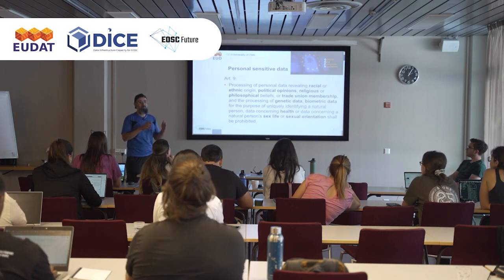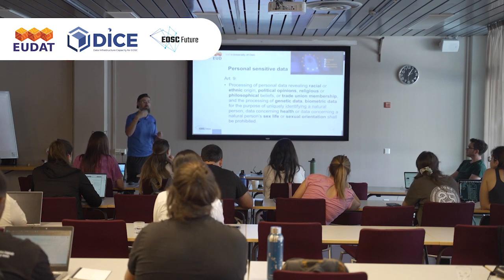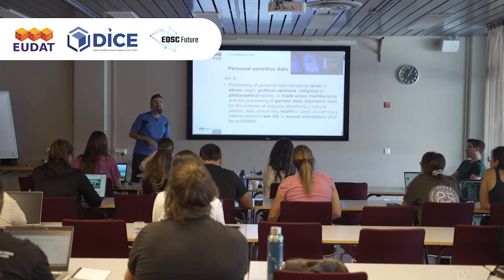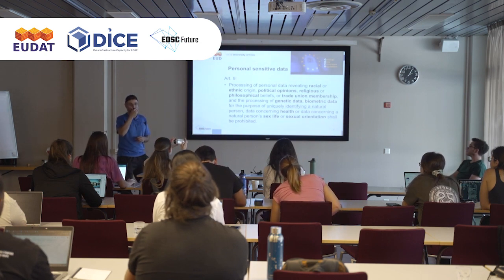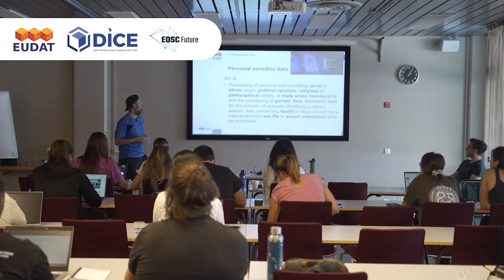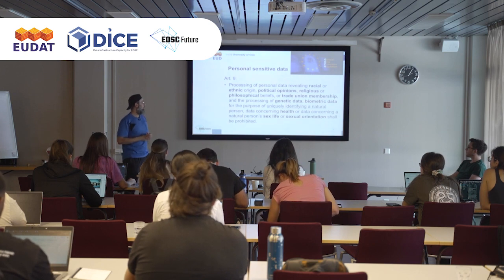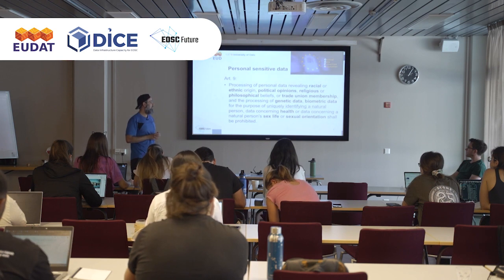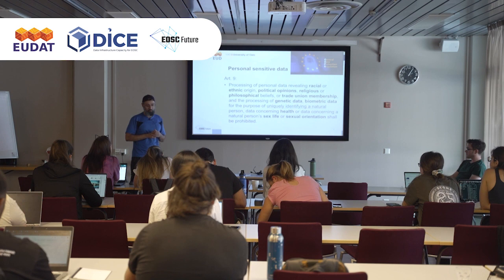But when you deal with research, maybe you will deal with some of these data, such as where the nuclear plants are, but most of the types of data that you will deal with are personal sensitive data. So processing of these, as you see from the types, is strictly prohibited unless it's lawful.